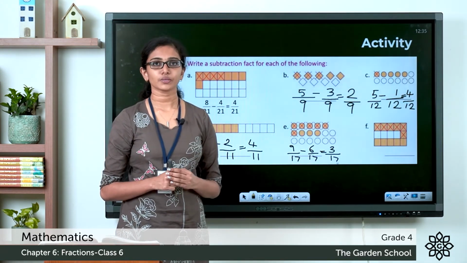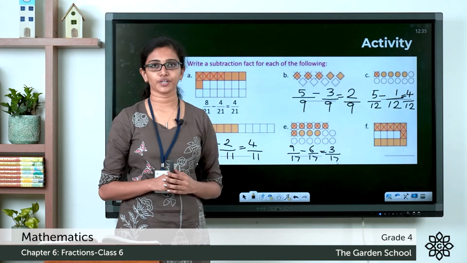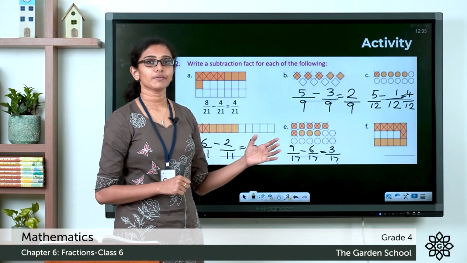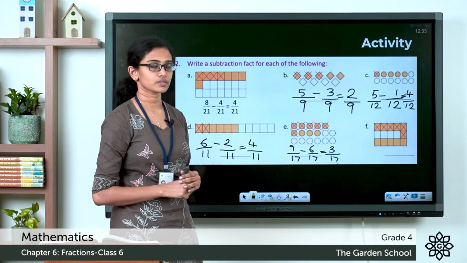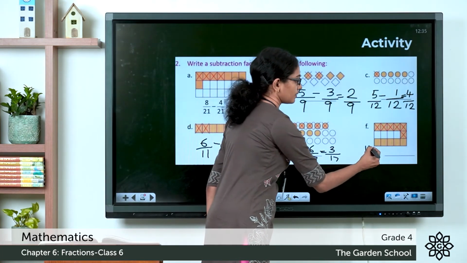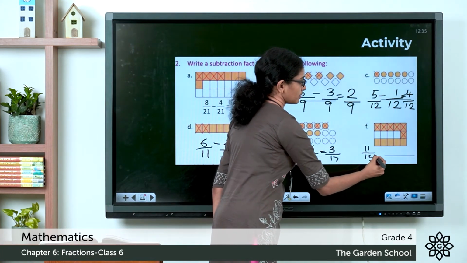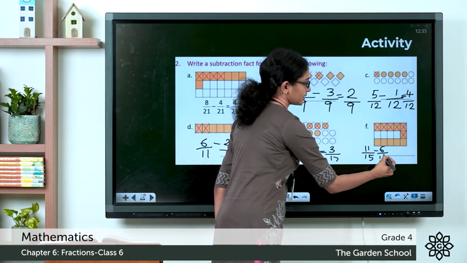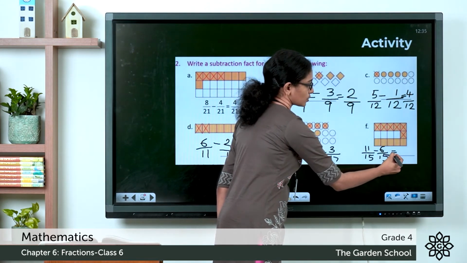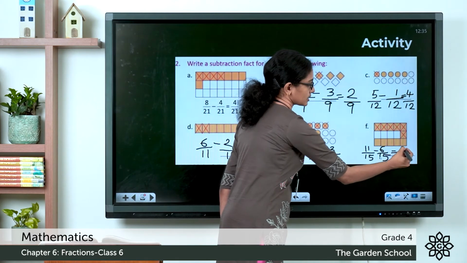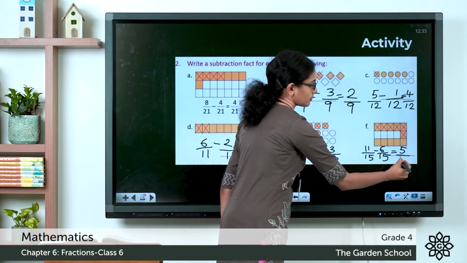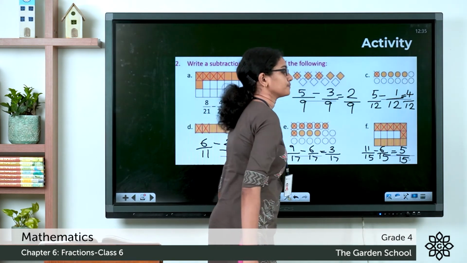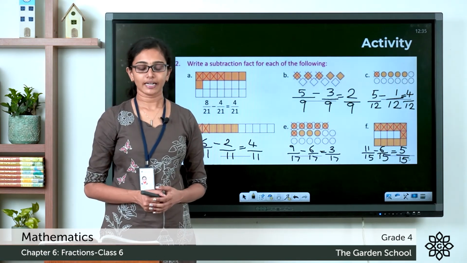Now the last question, question F, you can see a total of 15 boxes there and 11 are shaded, 6 are crossed. So that would be 11 by 15 minus 6 by 15. That is equal to 11 minus 6 is equal to 5 by 15. Hope you got this one correct.